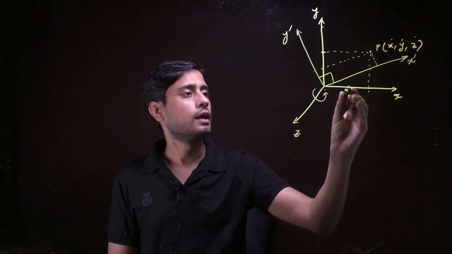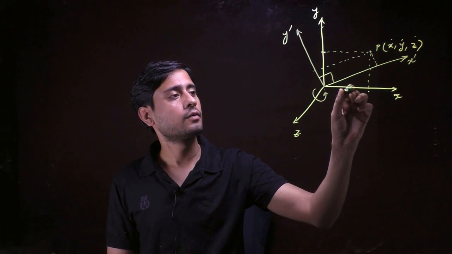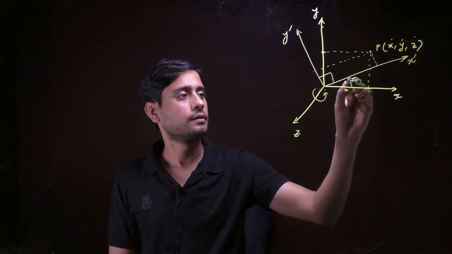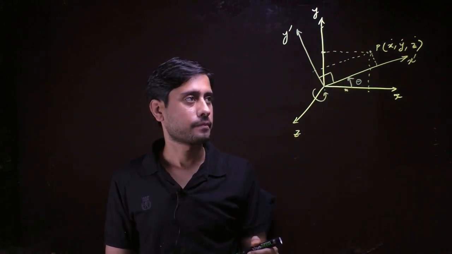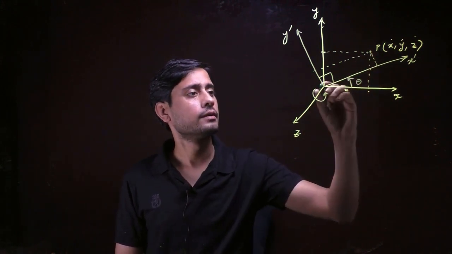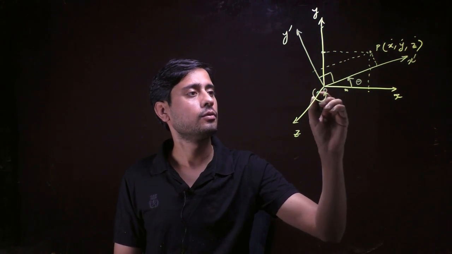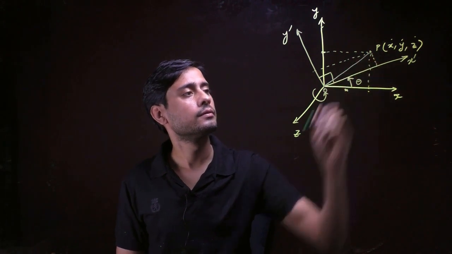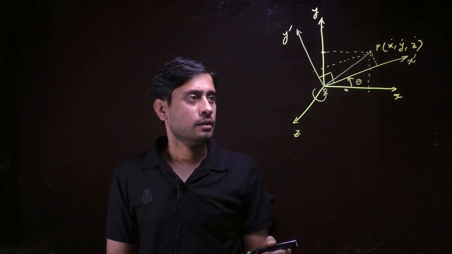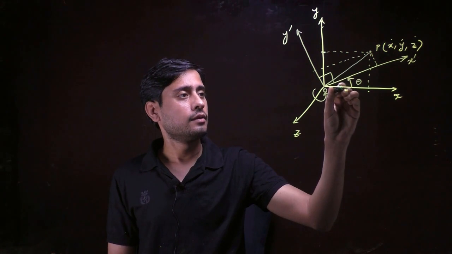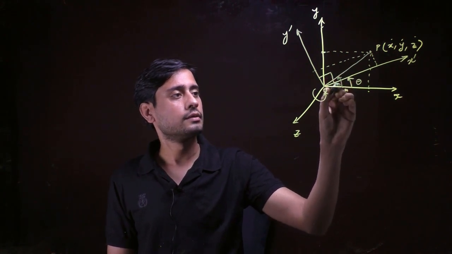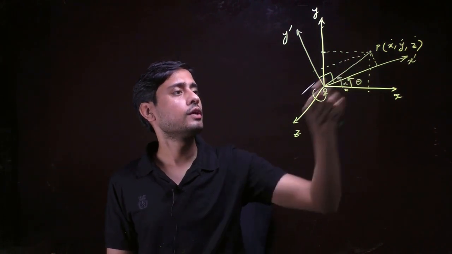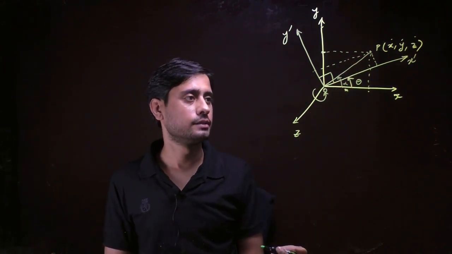Let's assume that we have rotated our coordinate system by some angle theta. Now this is your origin O, connect this point by a line. Let the initial angle be alpha. Initially OP was making an angle alpha with the x axis.